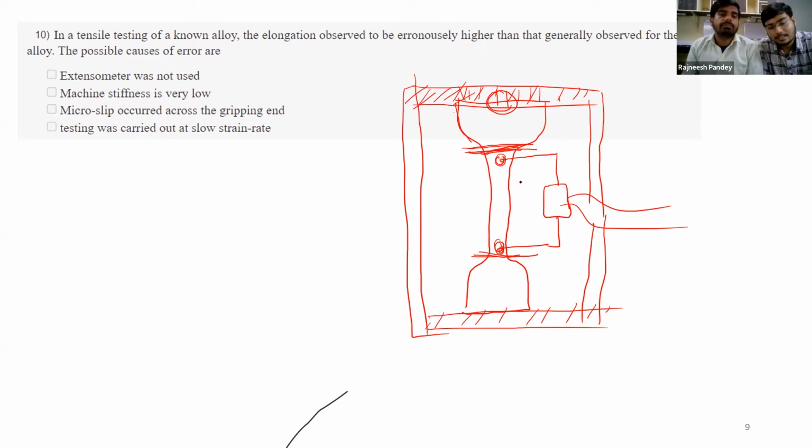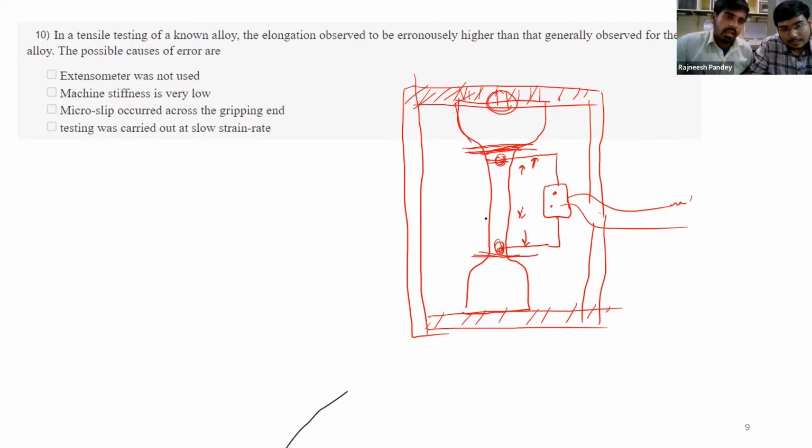This is basically the purpose. The two pins of the extensometer move away from their positions, and this is electronically sent to the computer system attached to the control system. It monitors how much the change is, and gives the elongation in terms of change of length.